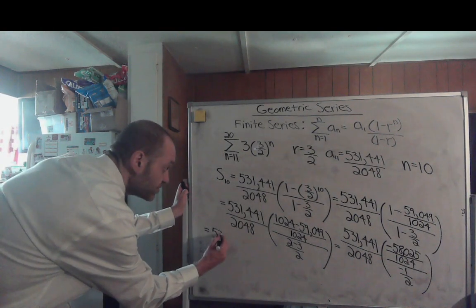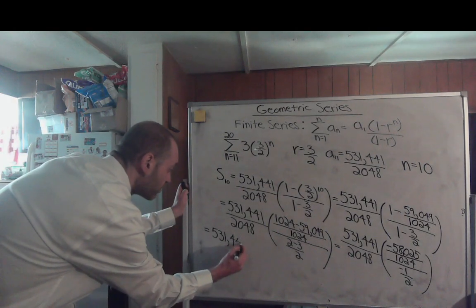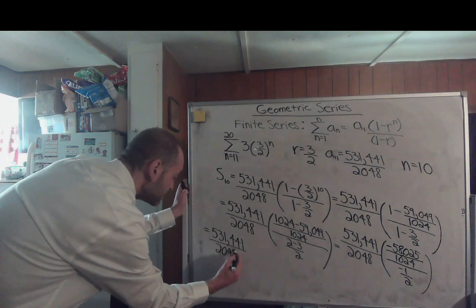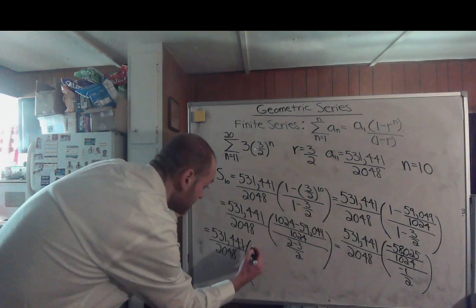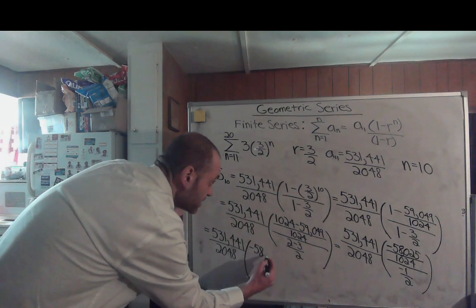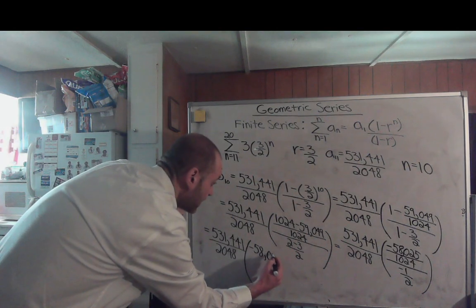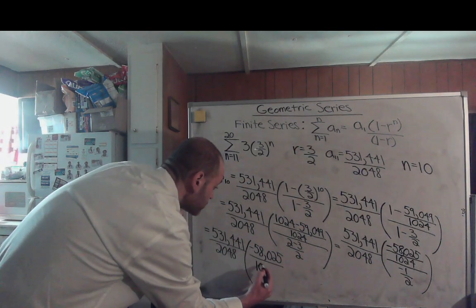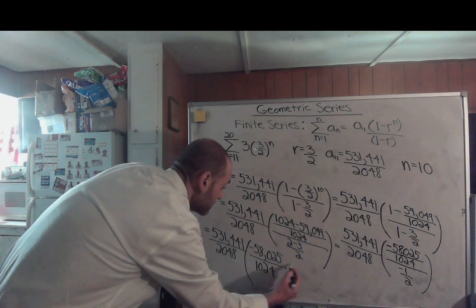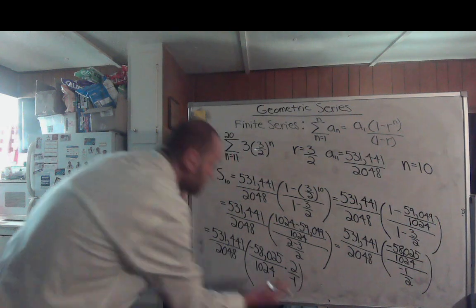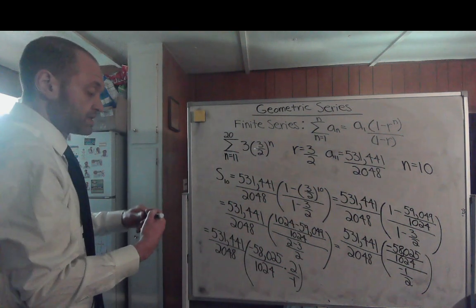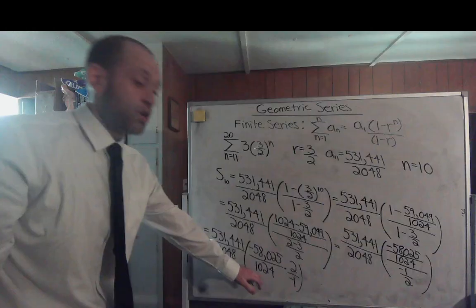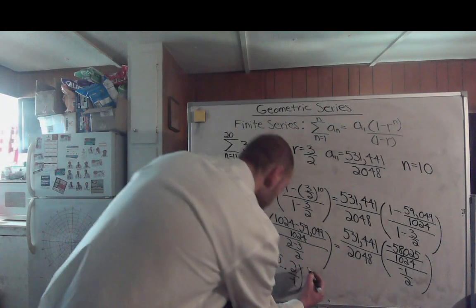So we'll have 531,441 all over 2,048 times that negative 58,025 all over 1,024 times 2 over negative 1. Well, good news is your negatives are going to cancel out. And then the 2 will go into 1,024 512 times.